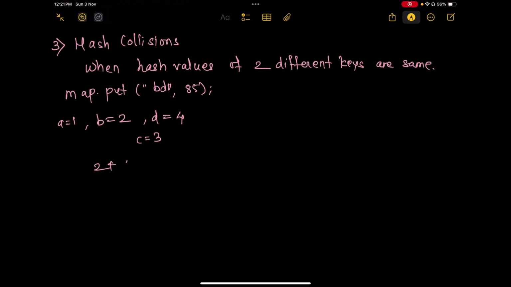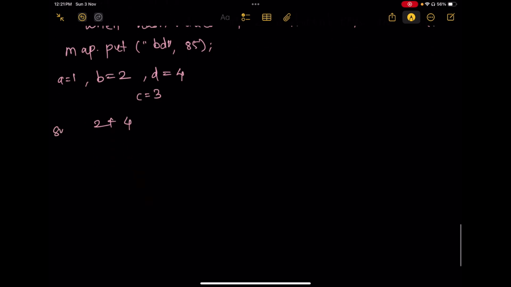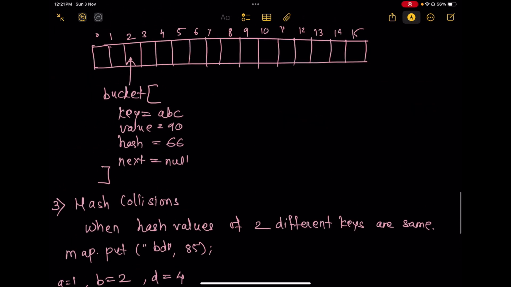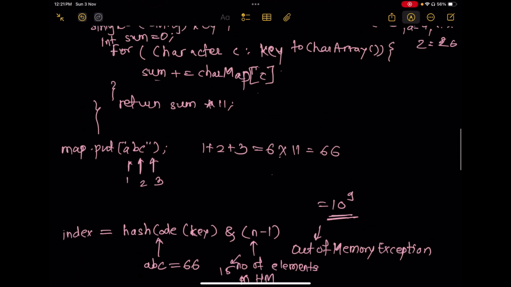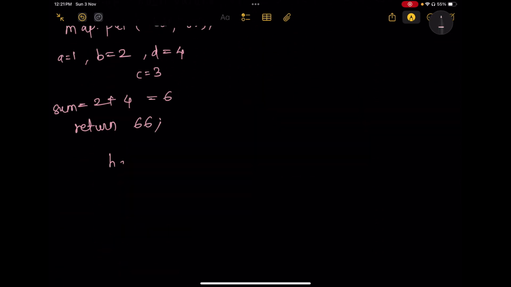So 2 plus 4, the sum comes out to be 6, and then we were returning sum into 11, which means it is 66. If we refer to this hash code value, here again it is returning 66. Now hash code of ABC is also 66 and hash code of BD is also 66.